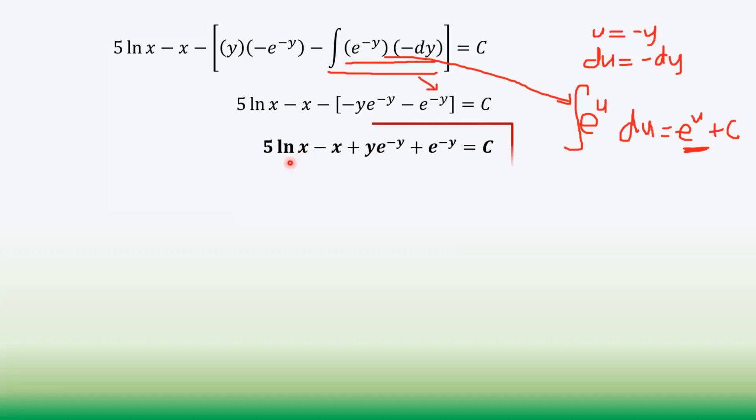That's why we have 5 ln x minus x plus y e raised to negative y plus e raised to negative y equals c. So talagang malawak ang concept ng solving of differential equation. Kasi lahat ng principles, concepts, ng techniques sa integration kailangan natin i-apply dito. So dapat master nyo talaga yung integration formulas.